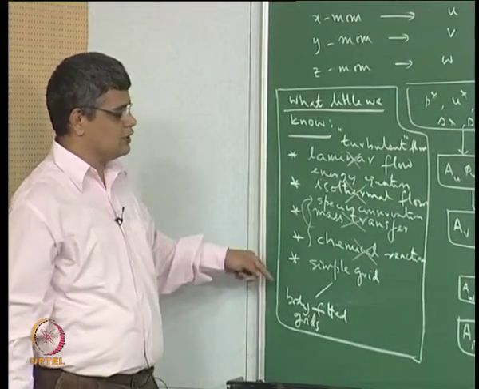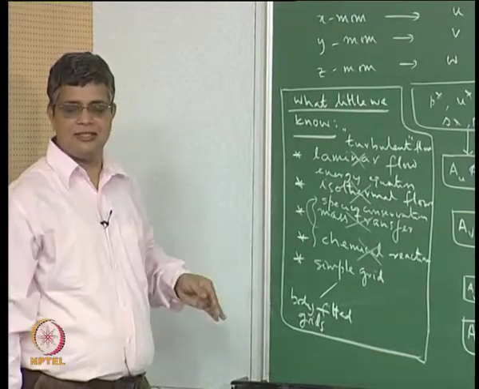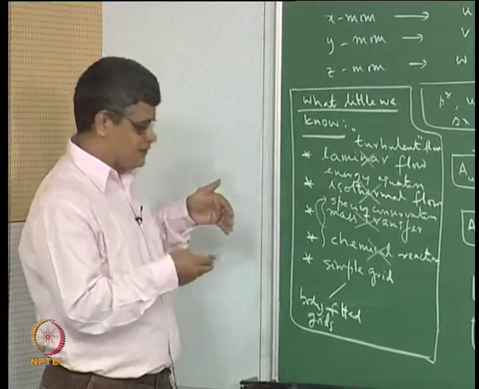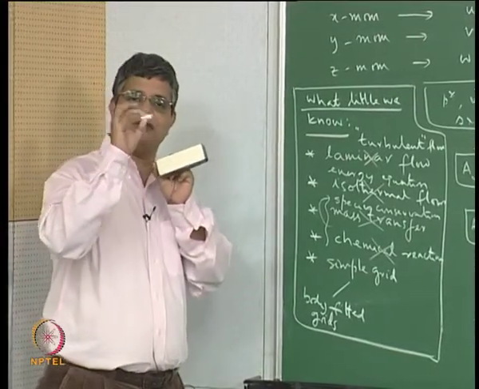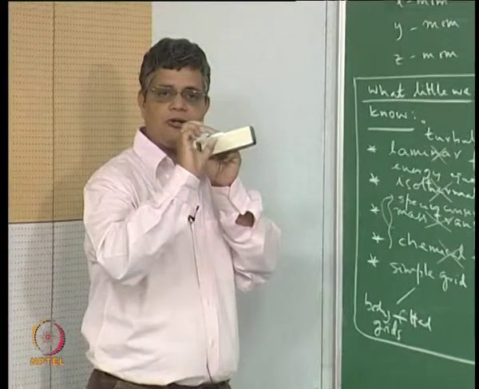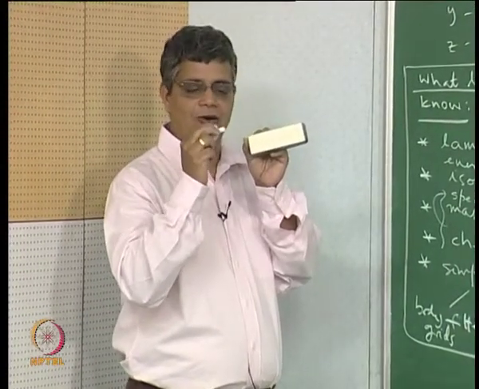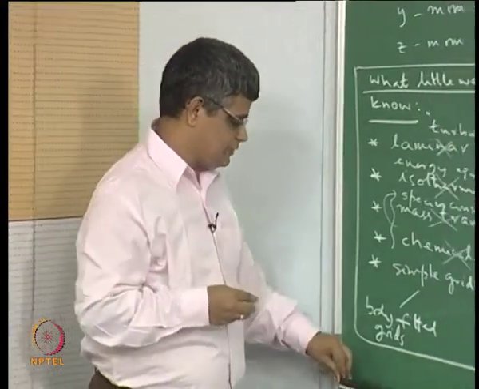So we no longer do the calculations in XYZ, but in some other coordinate system, and that coordinate system is such that we can have some grid lines which wrap around this chalk piece within this flow domain. There are some other coordinate lines which wrap around this geometry. So in that way we can do that.